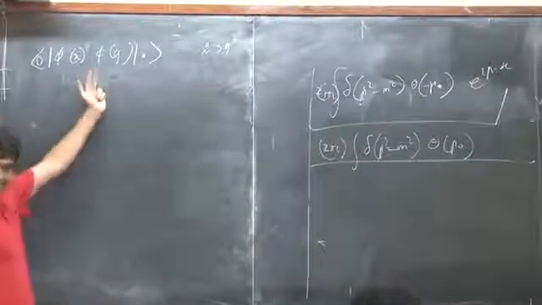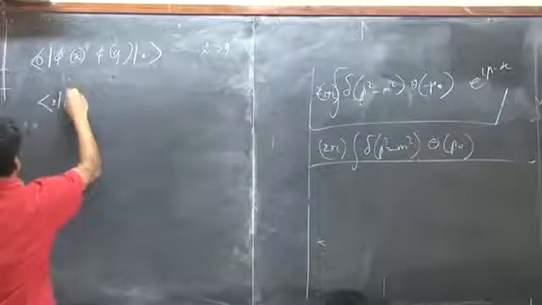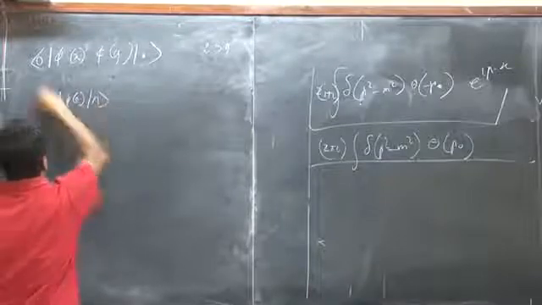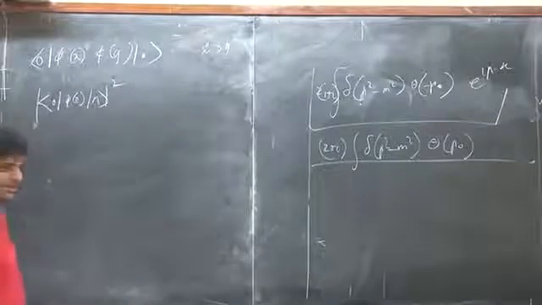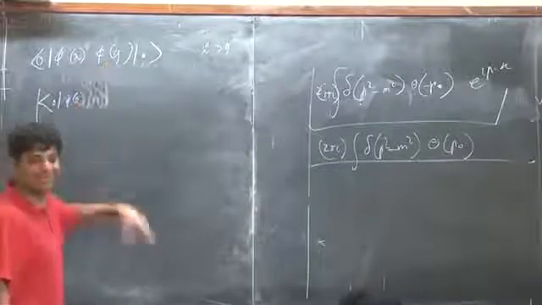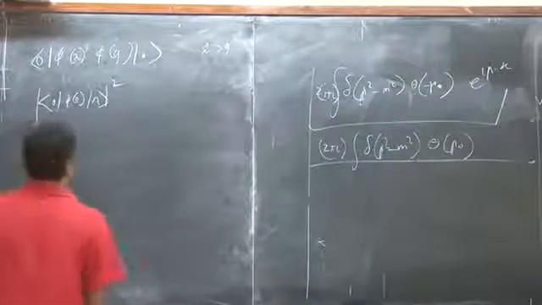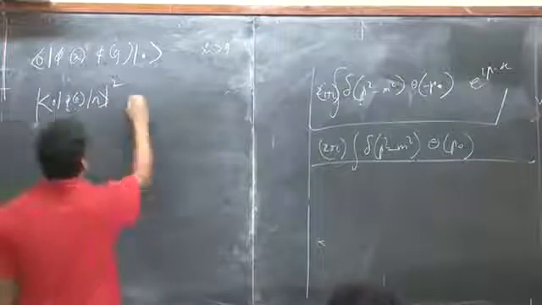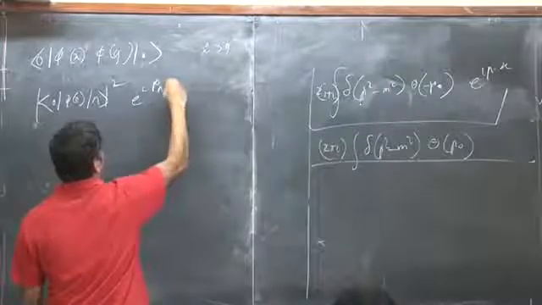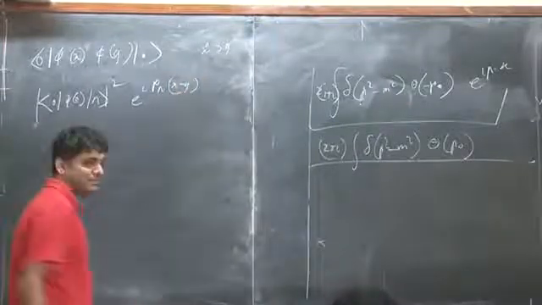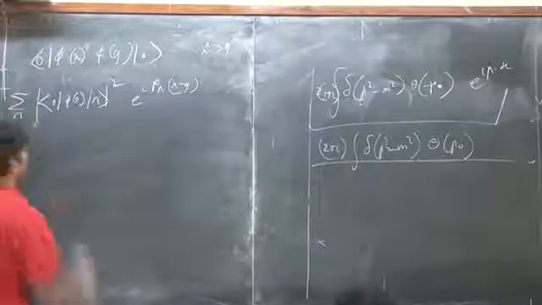We put a complete set of states here. We get this in terms of the matrix element of 0 phi n, mod squared, times e to the power, I can't remember the sign, i P_n (x minus y), summed over n. I'm assuming phi is Hermitian. Otherwise, I would take phi dagger. Just by inserting a complete set of states.